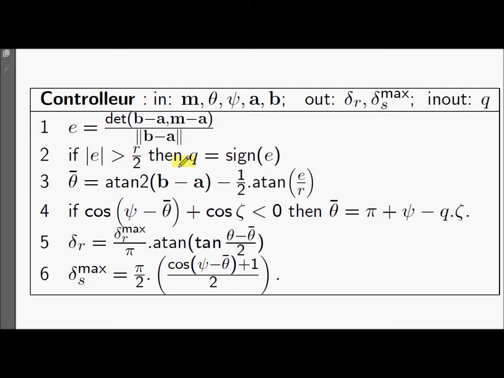Now I will compute the direction that I want to follow. So this is a nominal direction. Now this direction may be invisible, as is the case when I satisfy this inequality. If I satisfy this inequality, I am in the no-go zone.